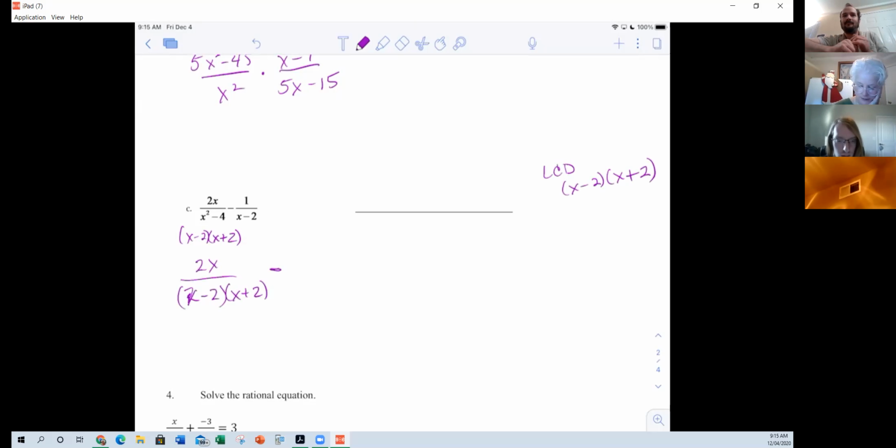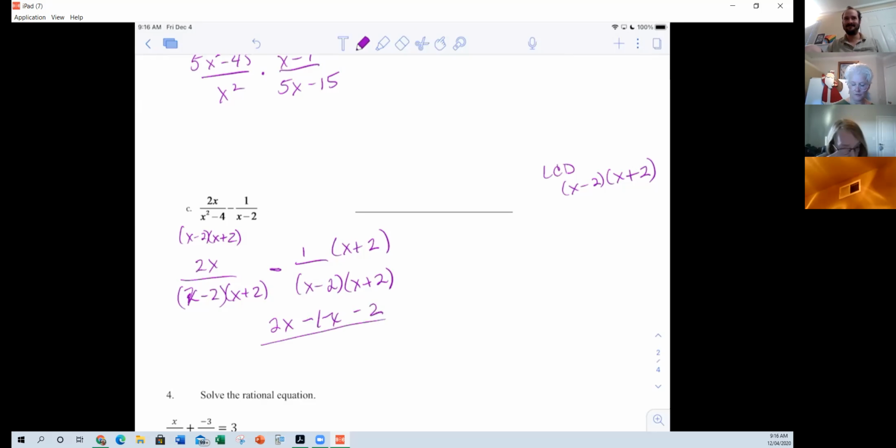But the second one needs the x plus 2. Whatever I do to the denominator, I have to do the same thing to the numerator. So that's going to give me 2x. If I distribute that negative 1, it's going to give me minus 1x minus 2 over x minus 2 times x plus 2.